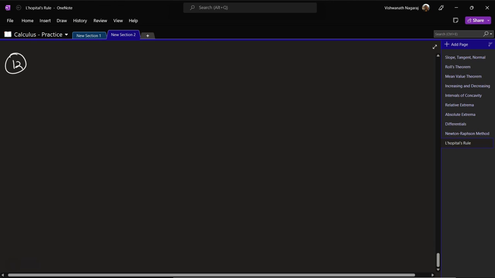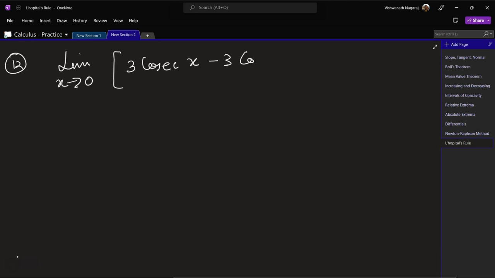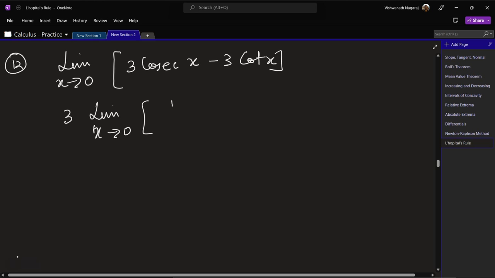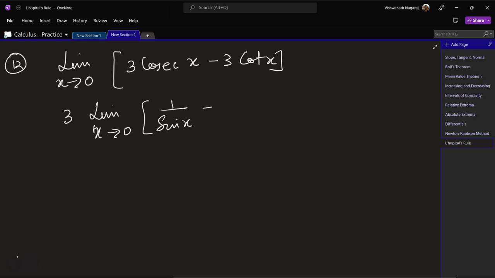12th one. Limit as x approaches 0 of 3 cosec x minus 3 cot x. 3 is common to both, so let's take it out and put it outside the limit. So limit as x approaches 0 of cosec x, let's write it as 1 by sine x, minus cot x, which is cos x by sine x.